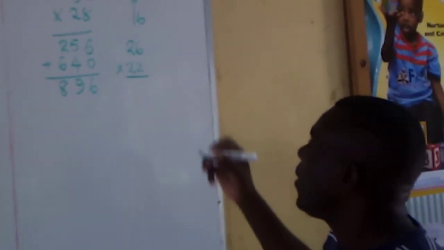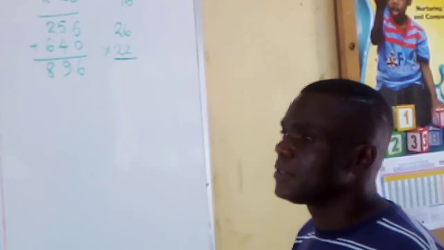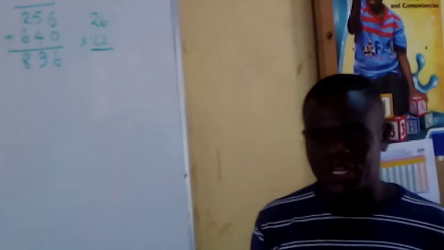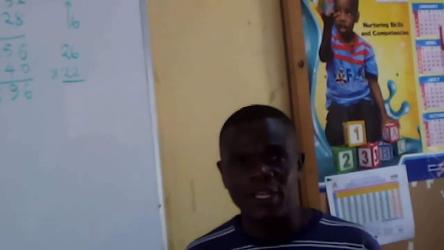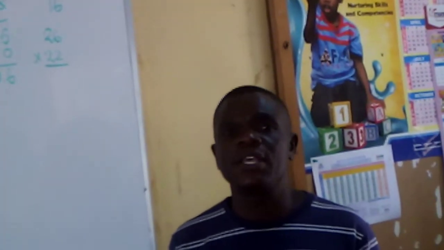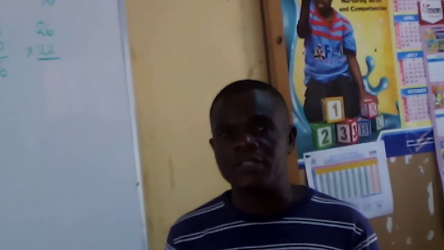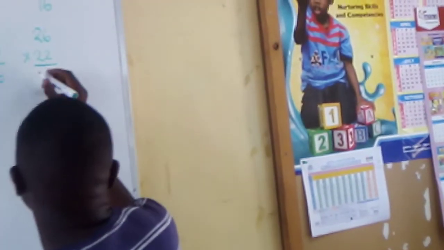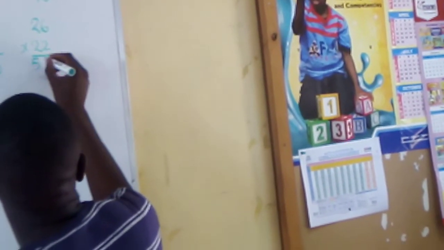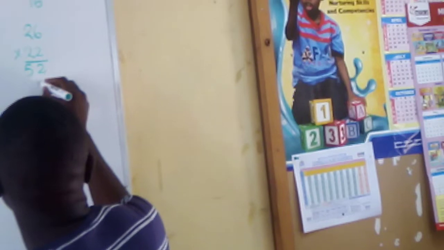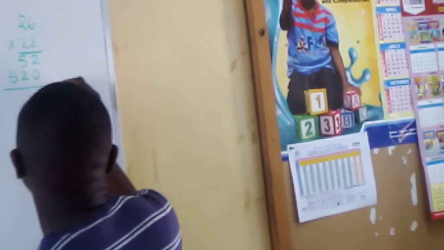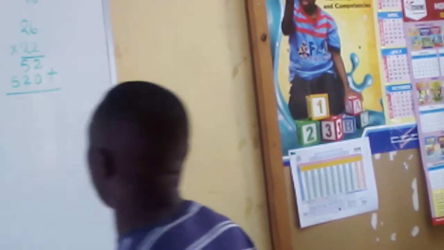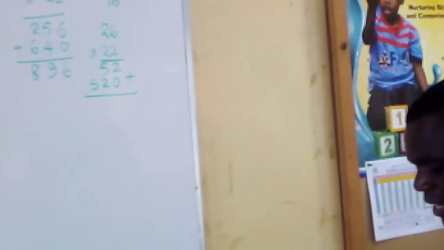Michelle Anindo, what is 2 times 26? Wonderful. 2 times 26 is 52. So I write there 52. Then I write there 0 and copy this one here. Correct. I hope you all are understanding.